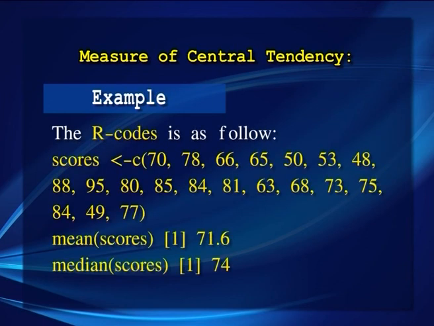The R code is as follows. First, we will enter the data to the variable scores. So, scores, use the assignment operator, c, open the bracket and enter all the above values with the help of commas. Then mean of scores will give the output as 71.6 and median of scores will give the output as 74.